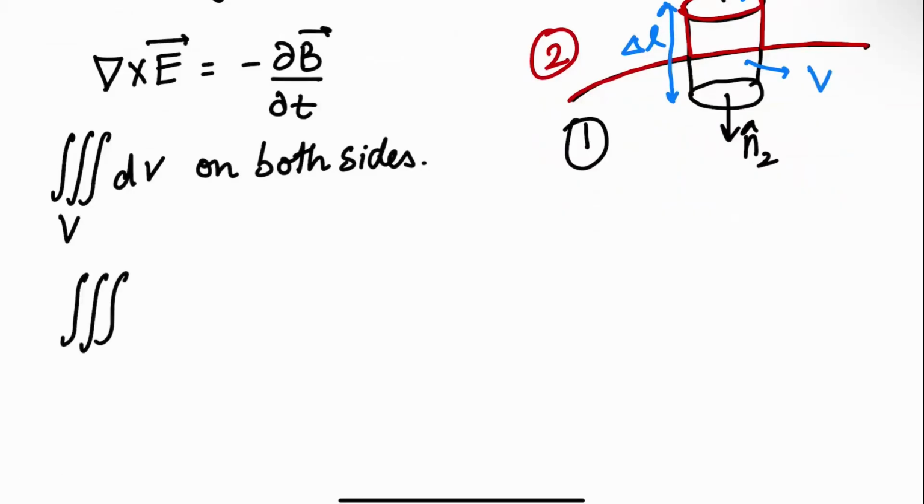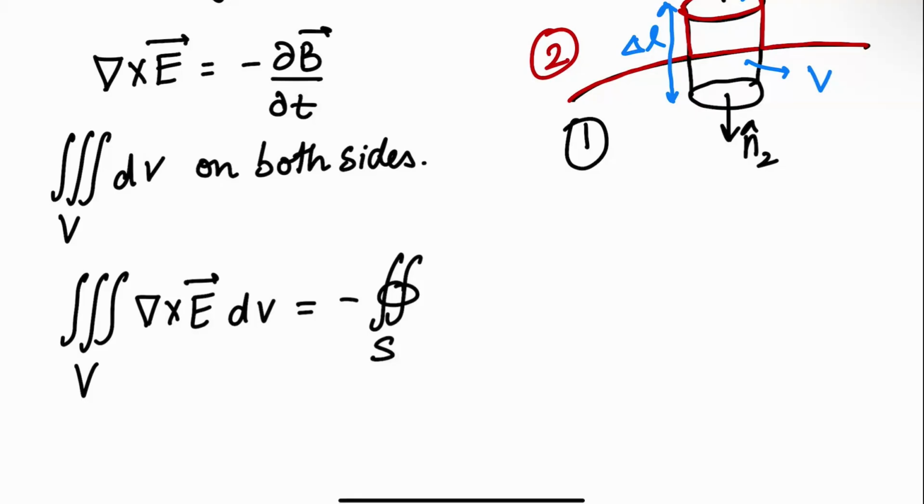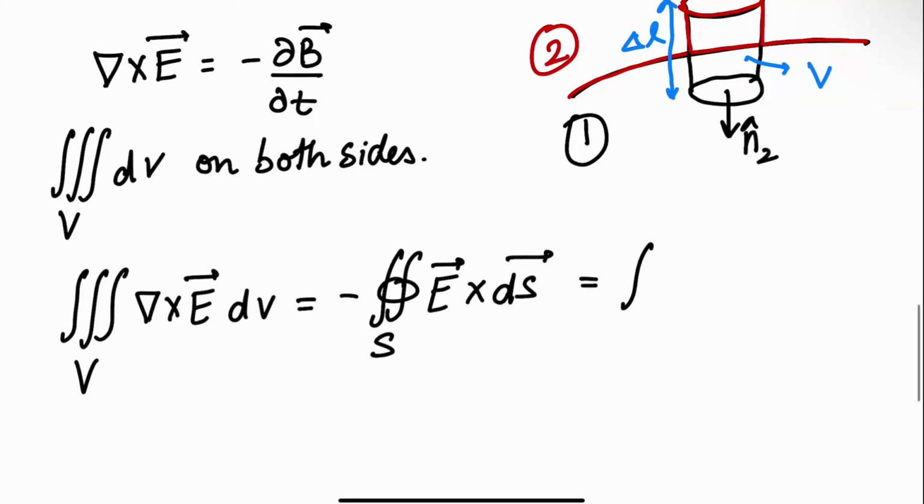That gives us the volume integral of the curl of E dV. And there is an identity which we discussed in the first video, the EM00 video, which is the 3D version of Stokes' theorem. If you apply that, you get the surface integral of n cross E dS. But on the right hand side is still the volume integral over minus dB/dt dV.